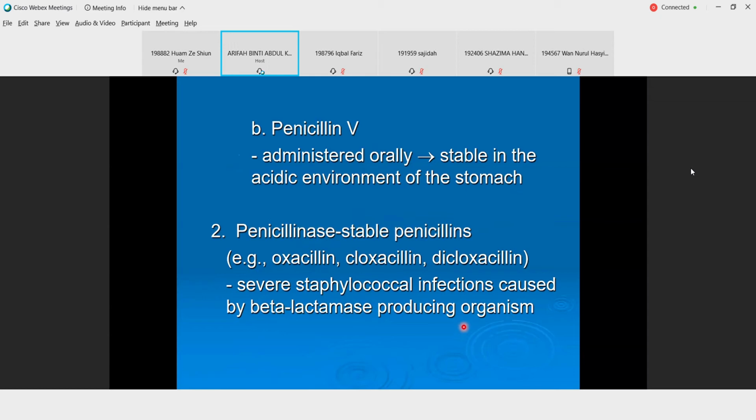They produce the harmful bacterial enzyme. Drugs that can be used for these staphylococcal infections are cloxacillin, dicloxacillin, and oxacillin.